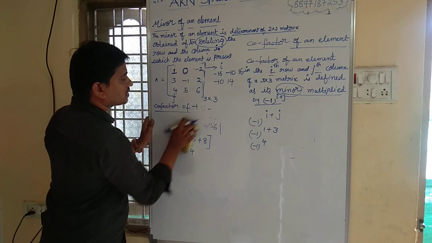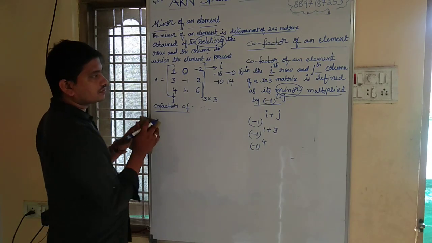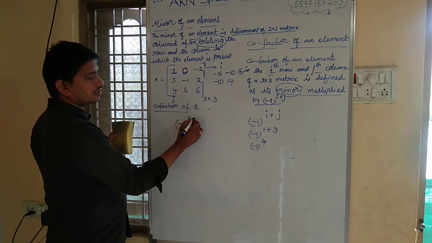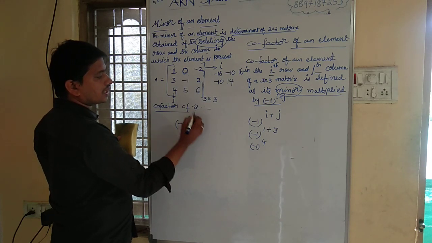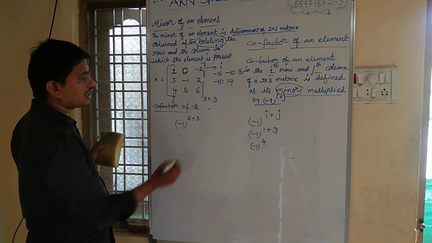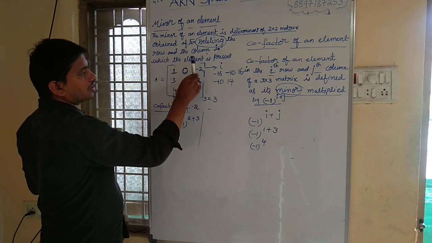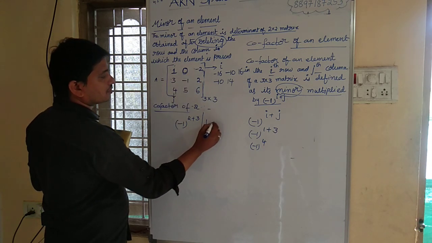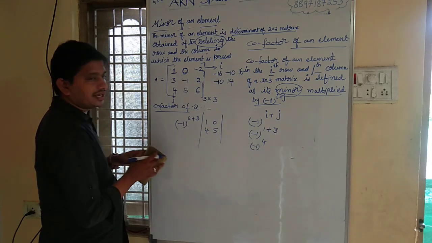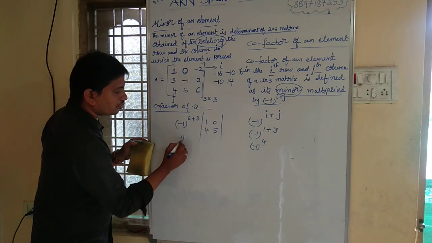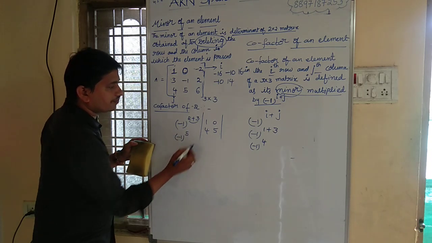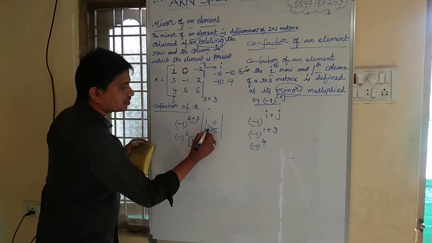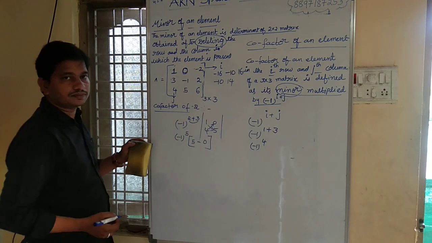Okay. Now let us find what is the cofactor of 2. Element 2 is in second row and third column. So minus 1 to the power 2 plus 3, that corresponding row, corresponding column, if you remove, you will get the minor 1, 0, 4, 5.